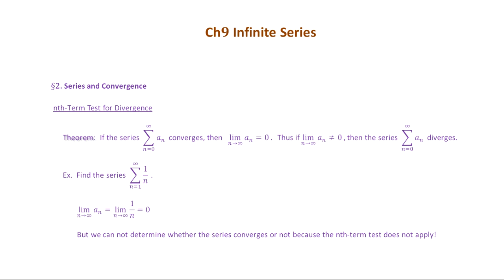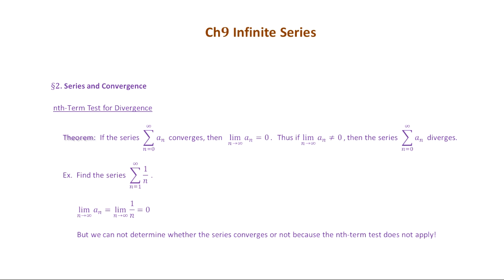So let's talk about the series 1 over n, where n starts from 1 to infinity. Let's talk about the limit of a_n. a_n is 1 over n, obviously here. So as n approaches infinity, you get 1 over n, and that has 0 as the limit, because you get a huge number in the denominator, right?